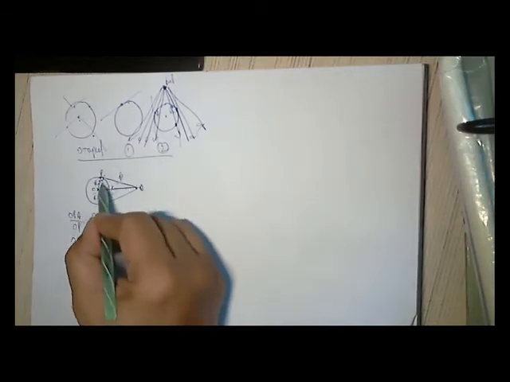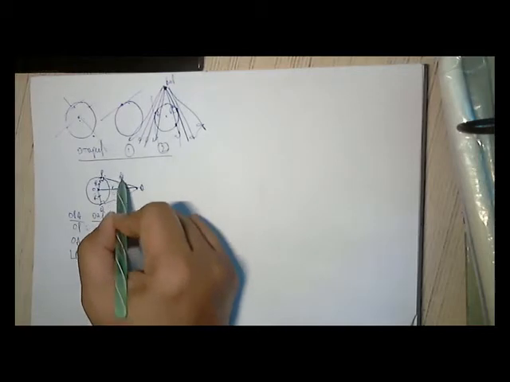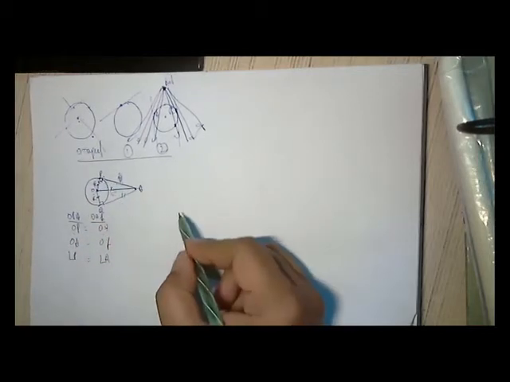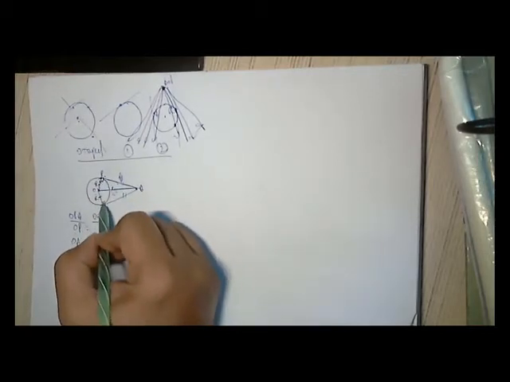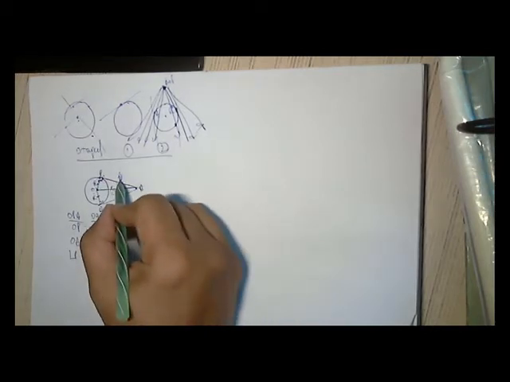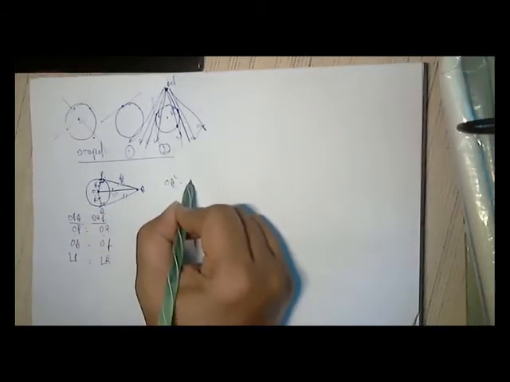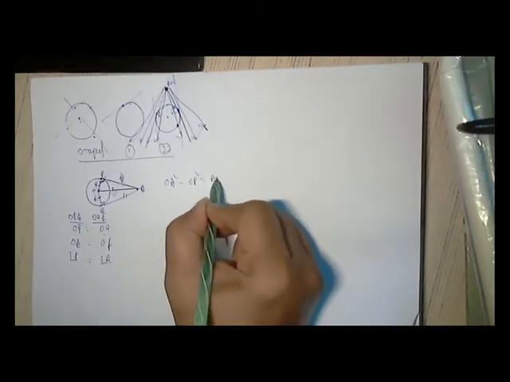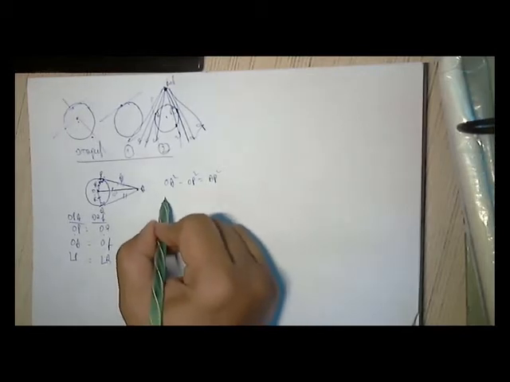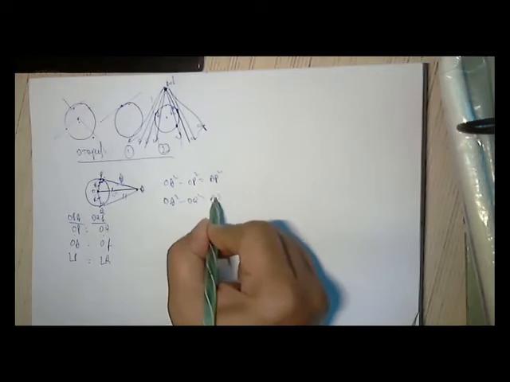A square plus B square is equal to C square. So C is the same, R is the same. So these two are also supposed to be the same because they both are 90 degrees. Let us see. Here, this is common. OA square minus OP square is equal to AP square. Similarly, OA square minus OQ square is equal to AQ square.